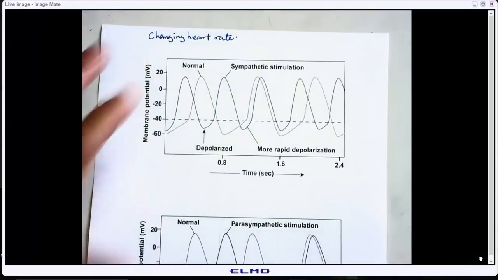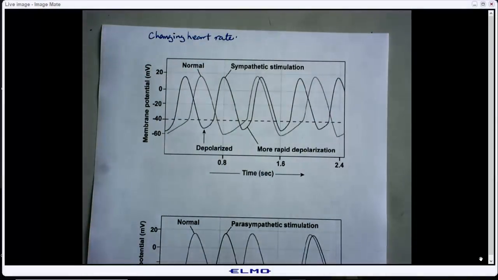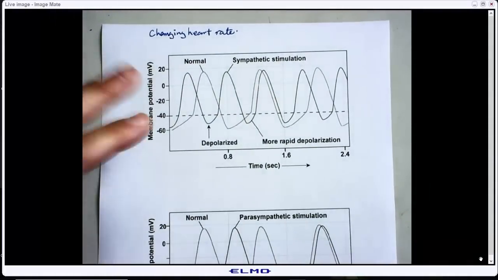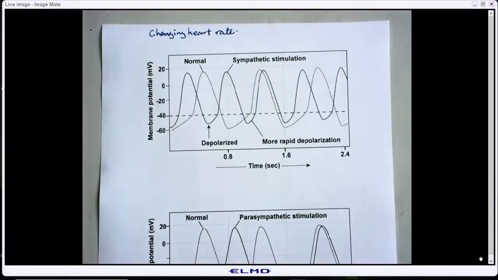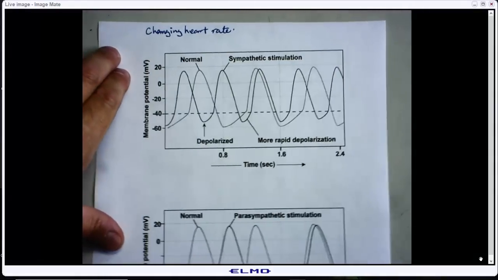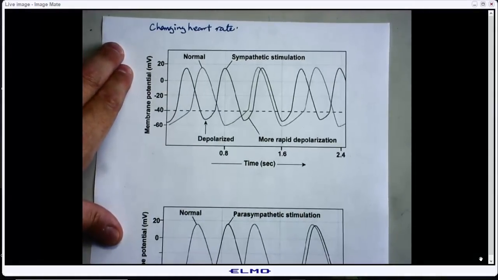Right, so we've already built the tools that we have regarding how this nodal cell generates its action potential in the first place. So we looked at those channels, and really those are the only tools that we have to mess with in order to change how this piece of tissue is behaving.